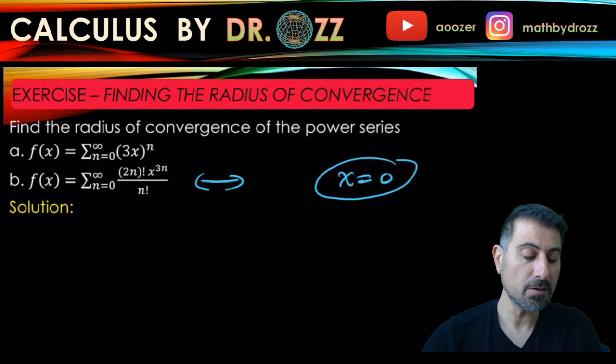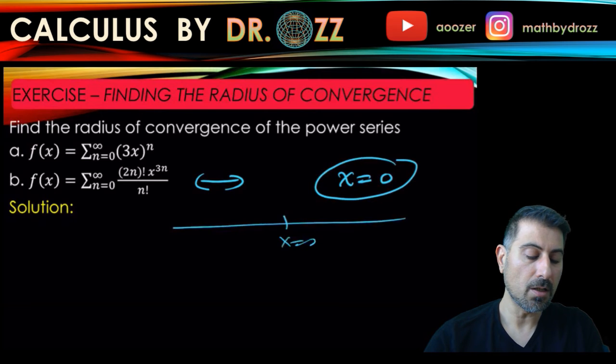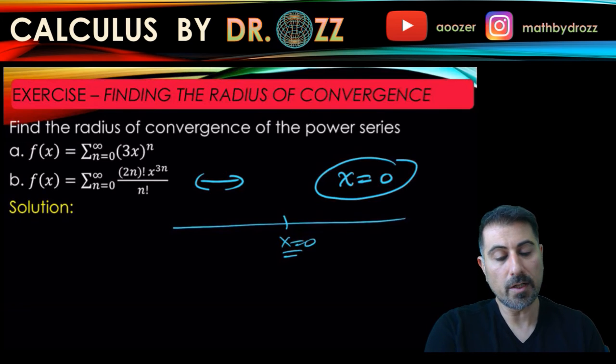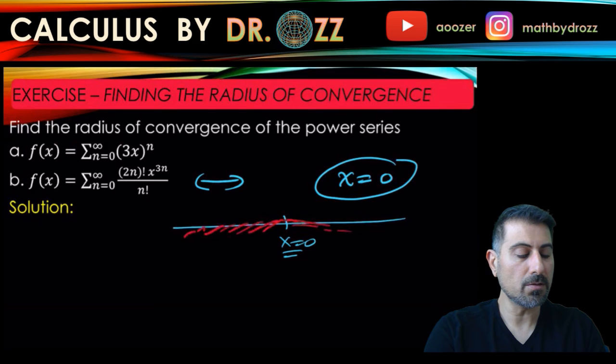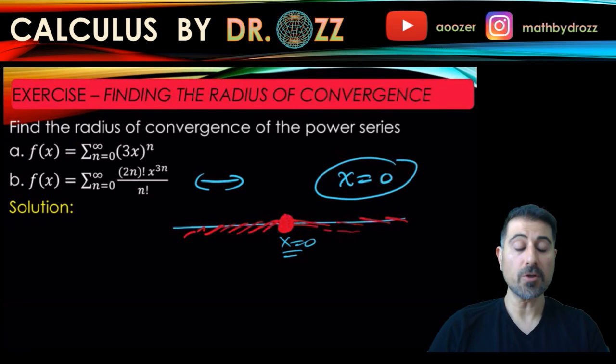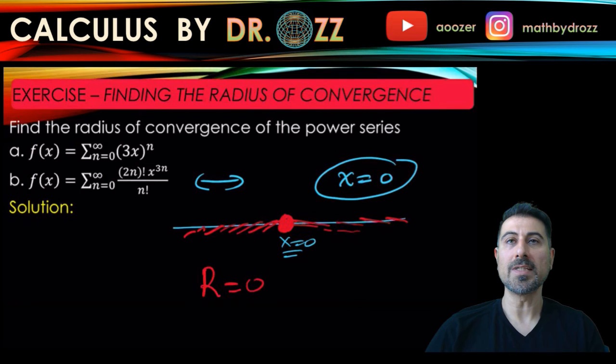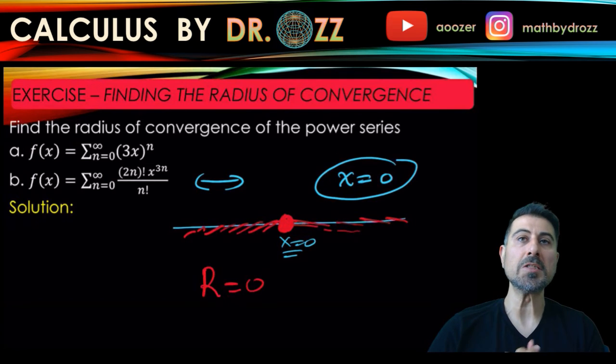This series is convergent only at x equals 0. So essentially, only at the center of the power series is it convergent, and for others it's not. So I have to exclude all of this, right? Only x equals 0. So the radius of convergence in this case is just r, because I can't really move to the left or to the right, because I put myself into the divergence zone.